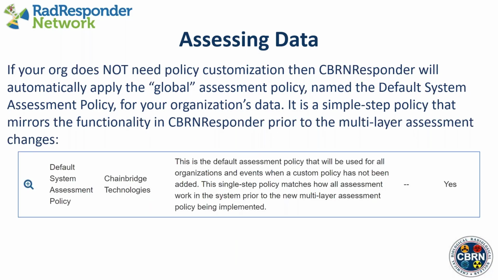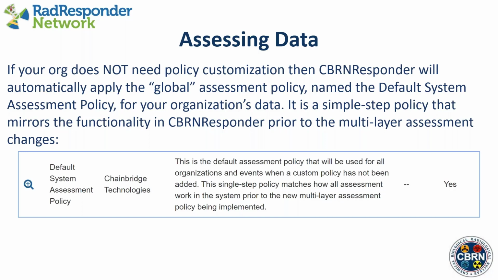If you need custom assessment policies, you'll need to access those documents in the resource library or watch the video recording. But we'll just talk about the default policy that every organization has, that global assessment policy, named the Default System Assessment Policy. This is a simple single-step policy that mirrors the functionality in RadResponder prior to the multi-layer assessment changes.